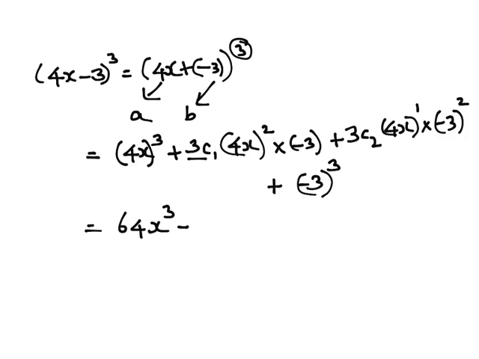So basically it is 144, so minus 144x² plus, you'll get 3c2 is 3 here, 9, 27, and then here there is a 4, so 108x minus 27. So this is the expansion of (4x − 3)³.